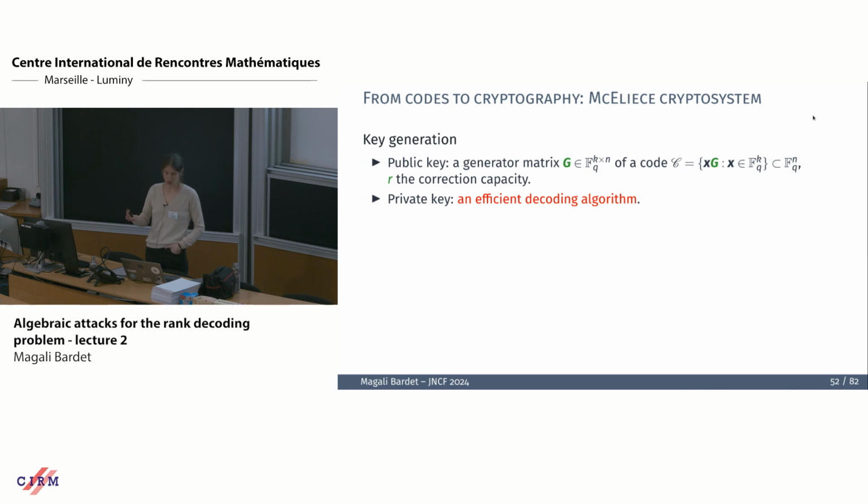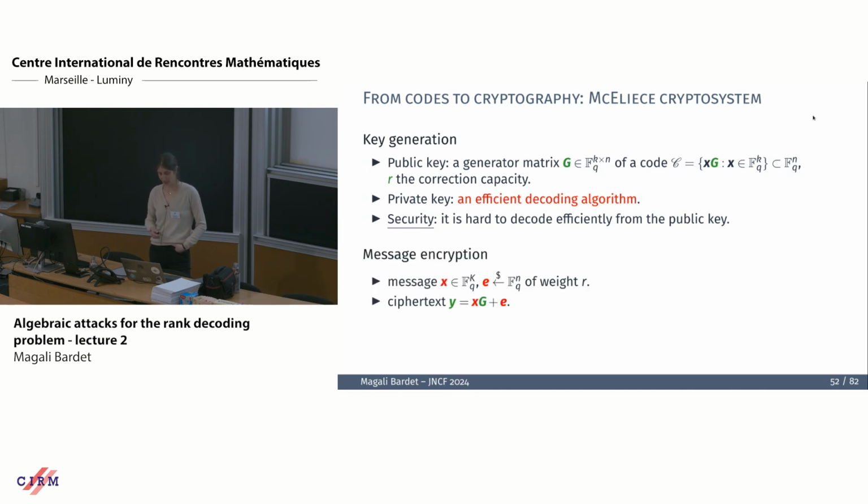So to design a good cryptosystem, you need to start from a family of codes that you can decode efficiently, and then change your public key to provide to the user a public key from which it's hard to get an efficient decoding algorithm. And so the security is based on the fact that given the public key, you cannot recover the decoding algorithm.